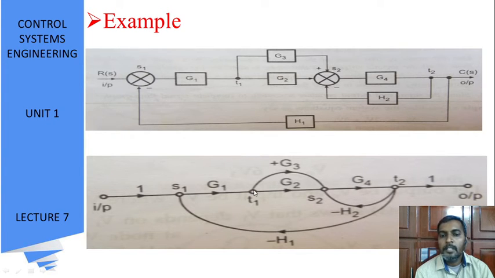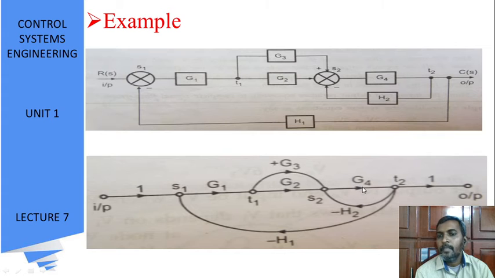That means it moves towards the second summing point in the forward path. Therefore G3 and G2 are connected to the summing point S2.